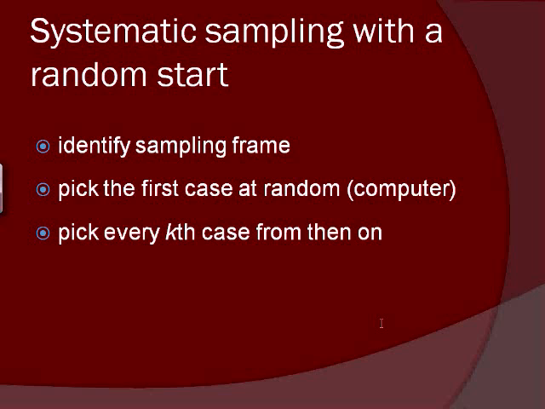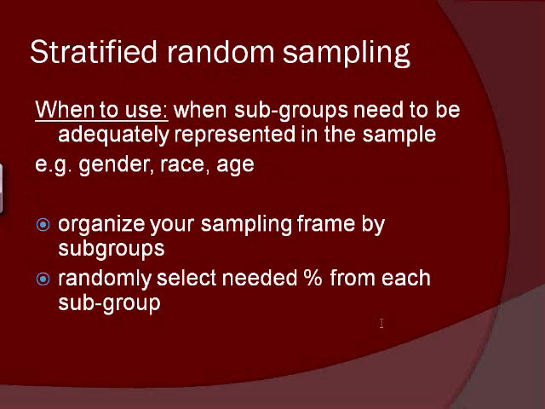Every 10th case will be selected from the sampling frame, and that will give me 100 cases. And sometimes we use this method, although if you do have a valid sampling frame, then typically simple random sampling is preferred. The third method is stratified random sampling.